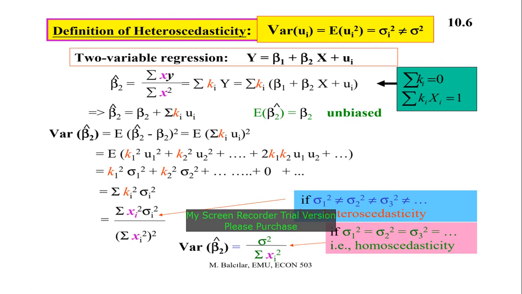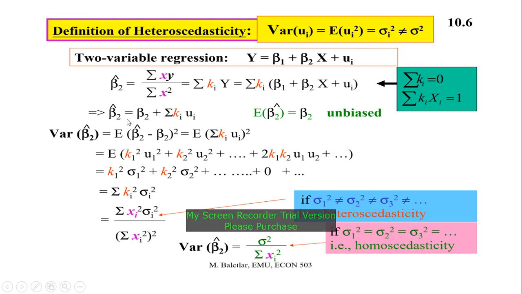So what you have estimated and what you are estimating. We are going to get expectation of beta 2 cap minus beta 2, and we know it's supposed to give us expectation of ui squared, so the same thing.